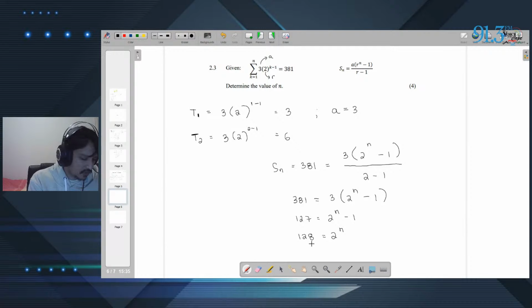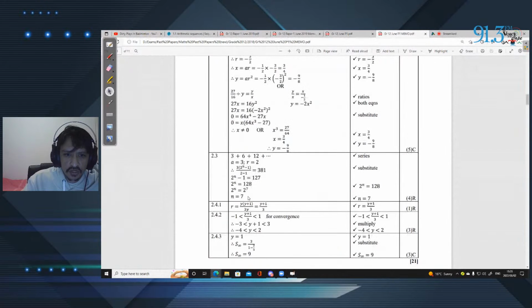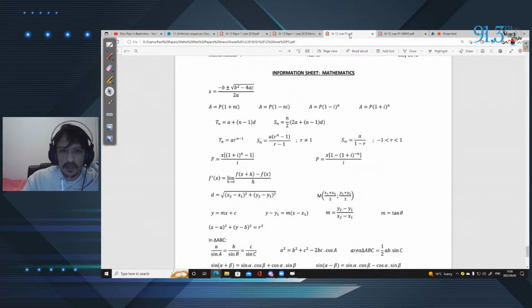So 2 to the power of 7 should be the value, that is correct. So now we have 2 to the power of 7 is equal to 2 to the n. And then there we can just say, therefore, you ignore the bases, n is equal to 7. And that will be your final answer. Let's check if we are right. See here, and there we go. N is equal to 7. As simple as that.